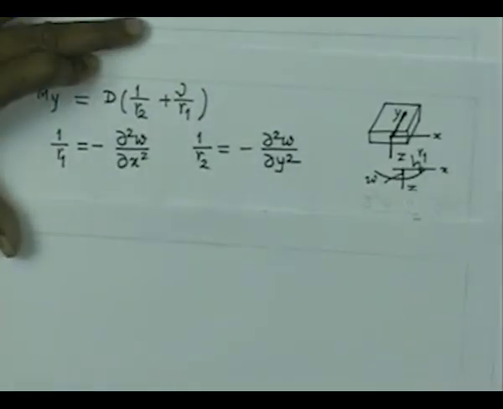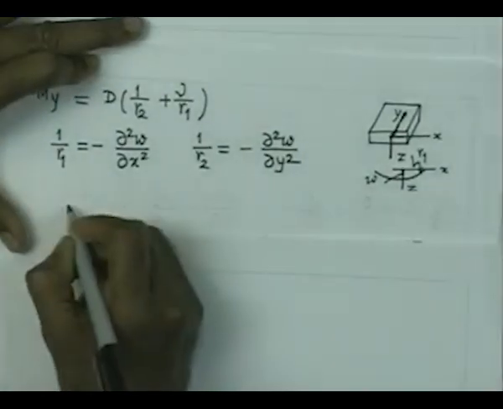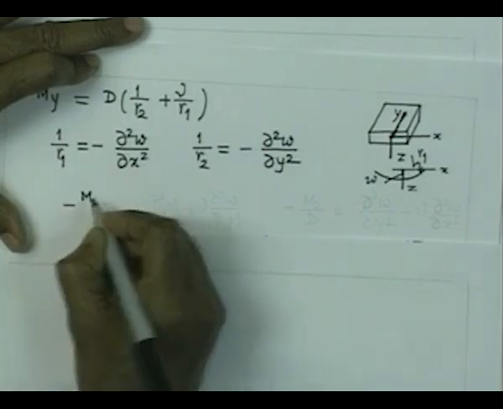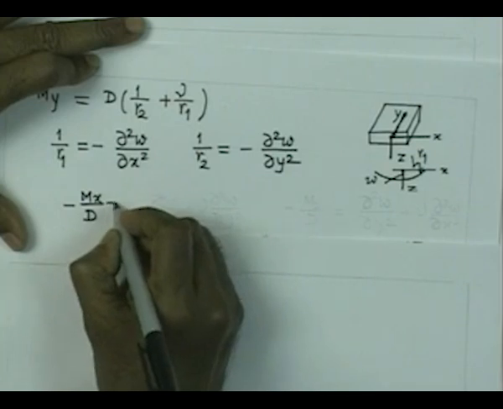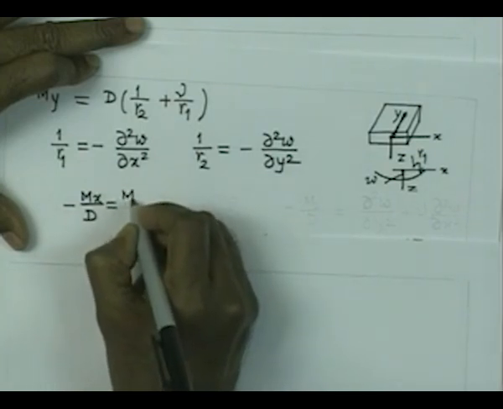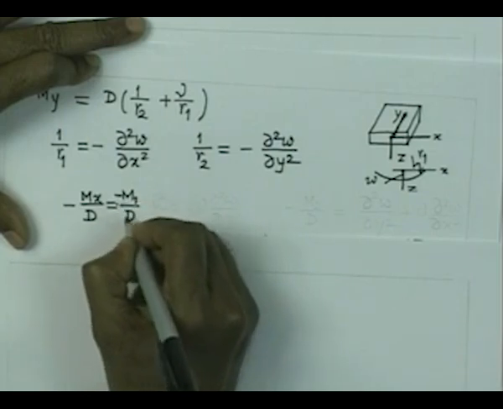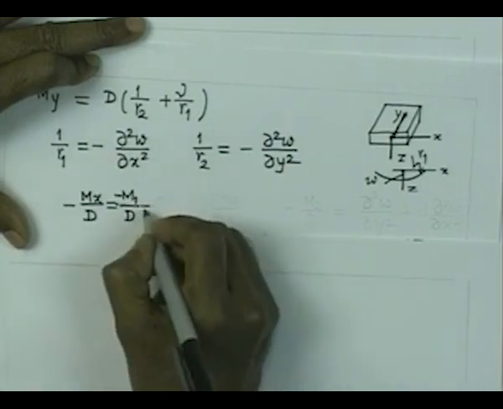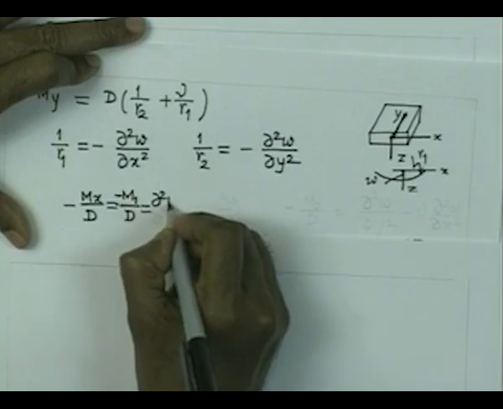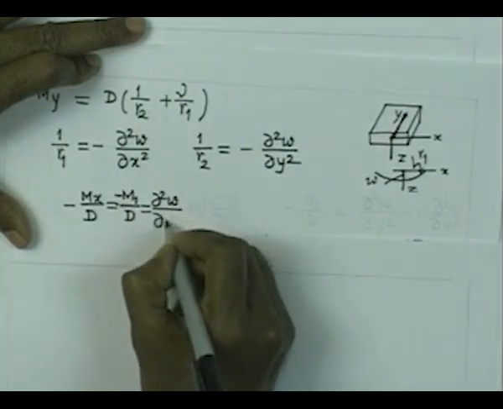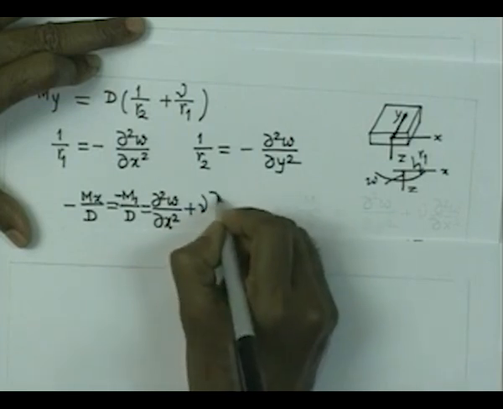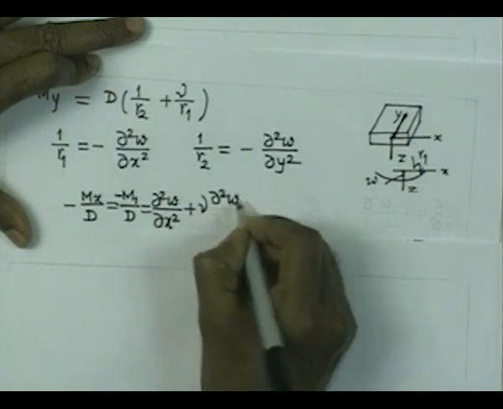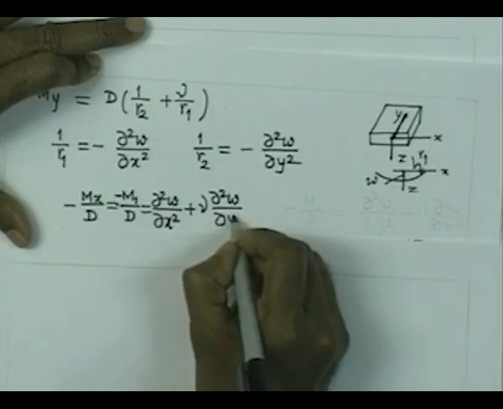So, finally, if we substitute all this, we find that minus M1 by D is equal to del 2 w by del x square plus nu times del 2 w by del y square.